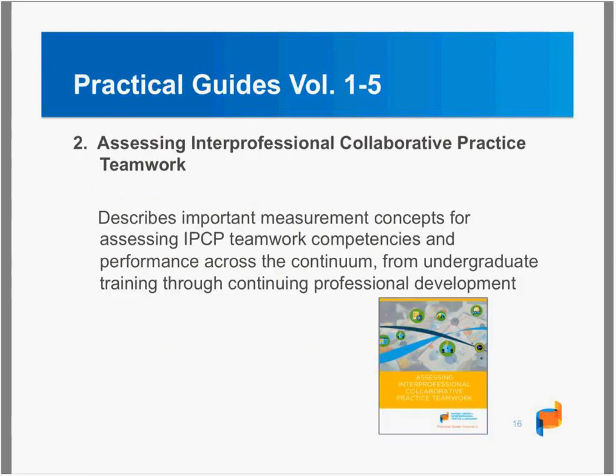The second guide is about measurement. It's about metrics. How do you design, how do you develop measurement approaches for IPCP teamwork? And this guide is divided into essentially 5 sections.